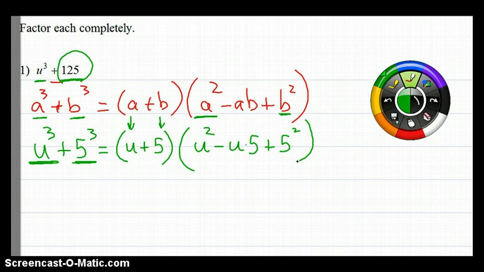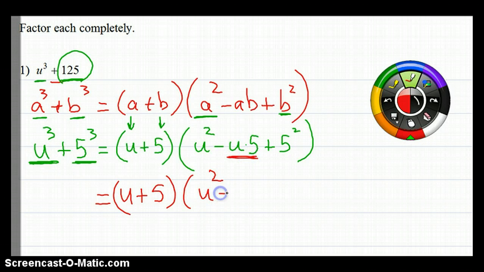And then your final answer is going to be cleaning that up. Cleaning up means, how do I factor this? u plus 5 is u plus 5. u squared I can't do much with. Usually in algebra we don't put u5, so we would put 5u. And let's clean up this 5 squared. We would get 25.